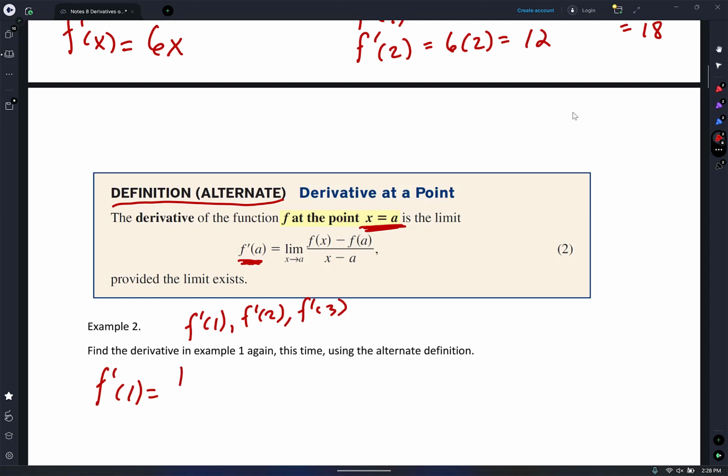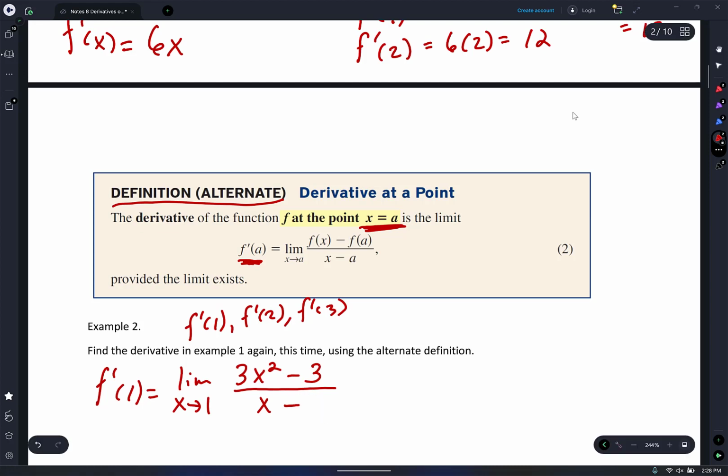F prime of 1 is the limit as x approaches 1, according to my definition there, of f of x, which is 3x squared, minus f of a. If I plug in a 1 in there, what's 3 times 1 squared? 3, all over x minus 1, sorry.